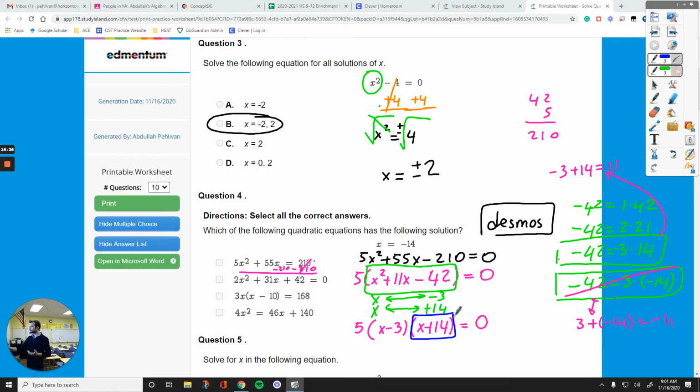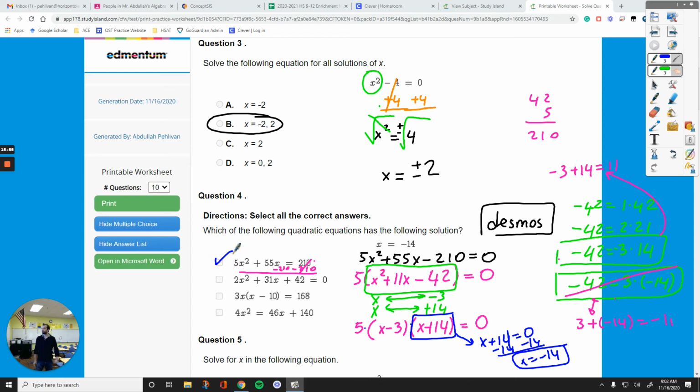So right now we have 5 times x minus 3 times x plus 14. We know 5 is not 0. That's obvious. Either x minus 3 equals 0 or x plus 14 equals 0. So if x plus 14 equals 0, when you solve this, subtract 14. So you'll get x equals negative 14. So this would be one of the solutions.